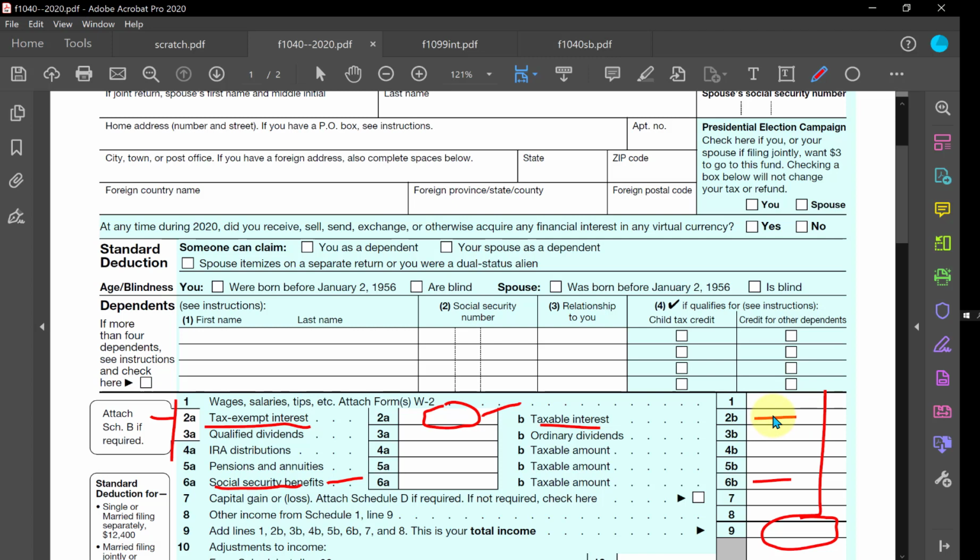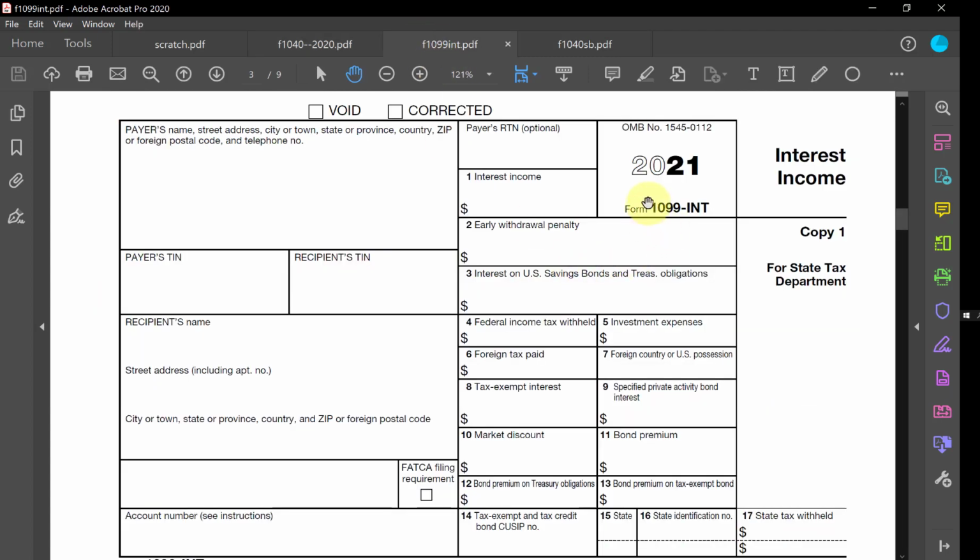Now, if the interest is reported to our taxpayers on this form called a 1099 INT, and here is the bank or the credit union or the savings and loan, could be even the state or federal government paying interest to our taxpayer.